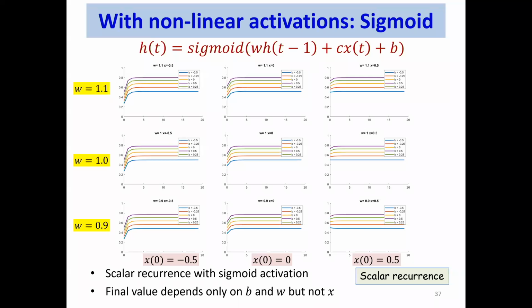And there are 3 columns, and this is all the response of the system to a single input at time 0 with no further input, okay? The 3 columns represent the response to inputs of minus 0.5, 0, and 0.5. So 3 different initial inputs, 3 different weights, and 5 different biases.